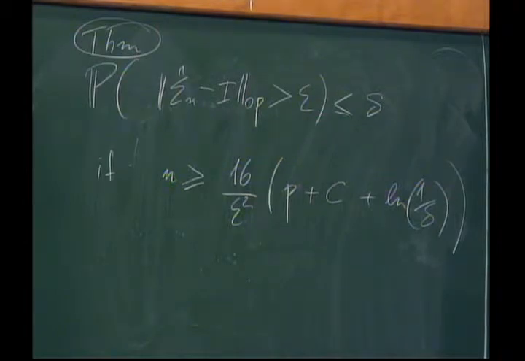This was a theorem we proved last class. I don't remember what the value of this number is, but it doesn't matter too much what it is, because we only care about orders of magnitude.